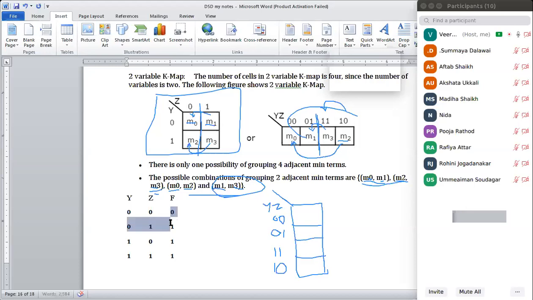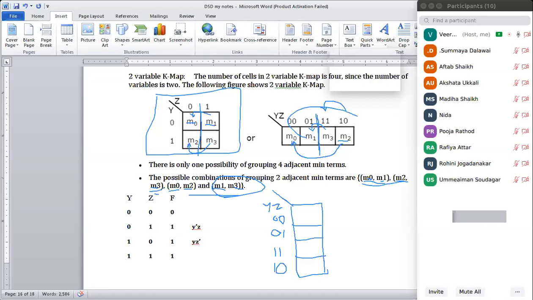Now, what are the minterms that I am going to get for this? For which value do I have to write a minterm? Value 1. Okay, output 1. What is the minterm for this? Y bar Z. For this, Y Z bar.